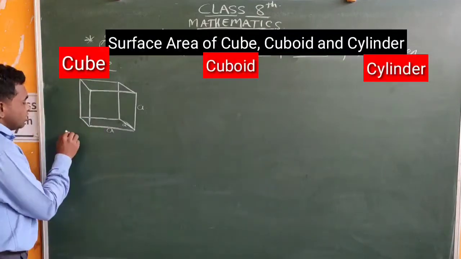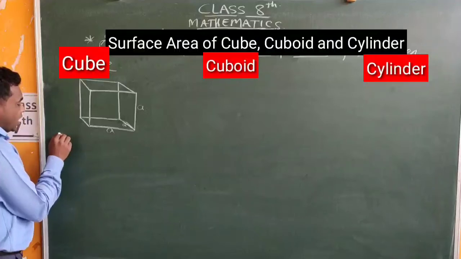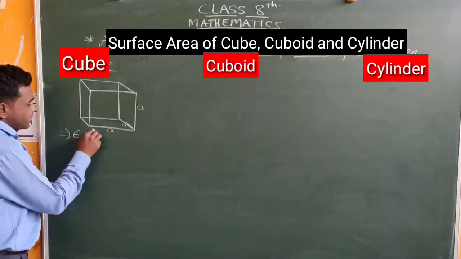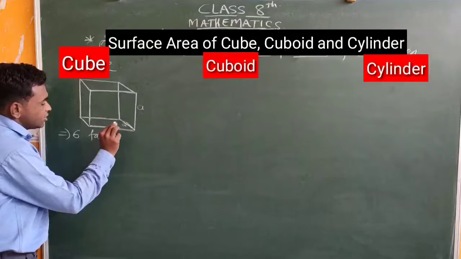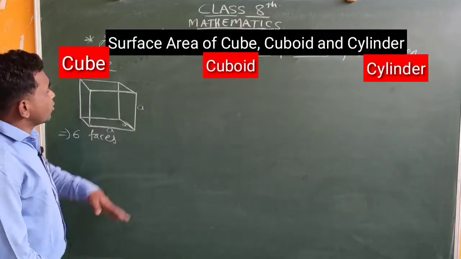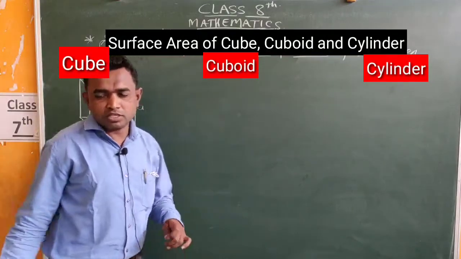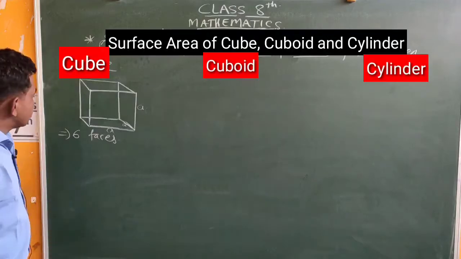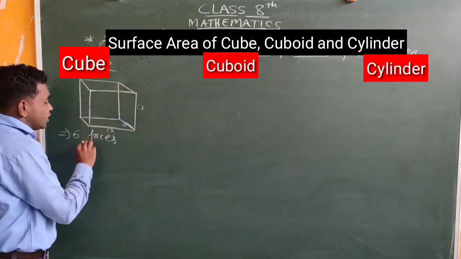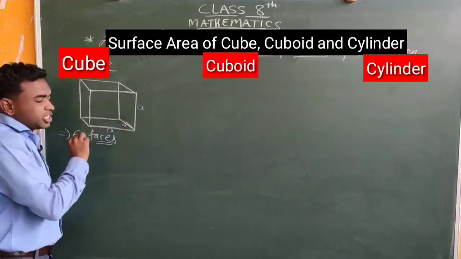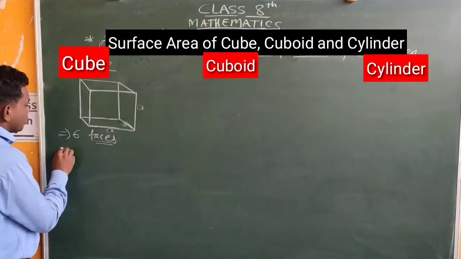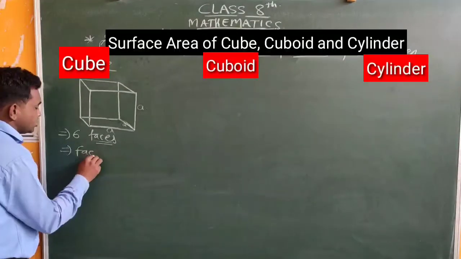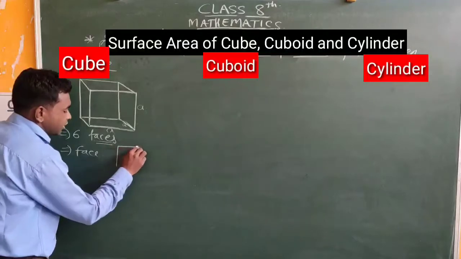The cube has 6 faces. Now we have to find the surface area of the cube. The cube has how many faces? 6 faces, and if we draw the figure of a face, it is a square.